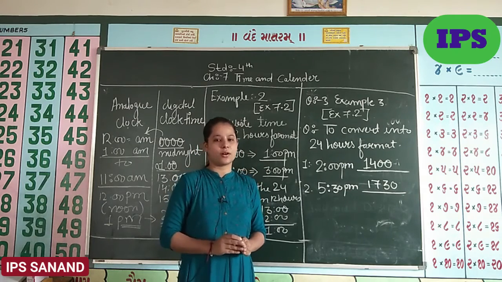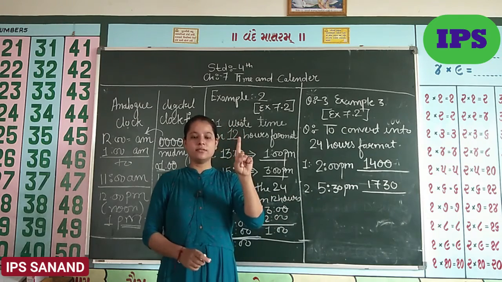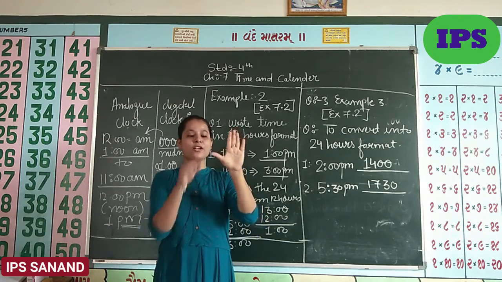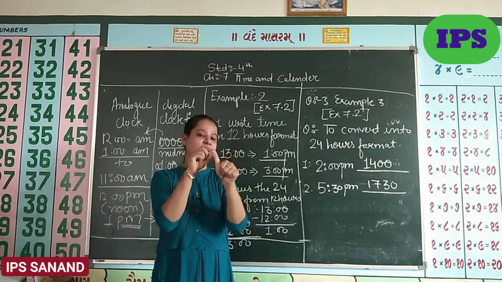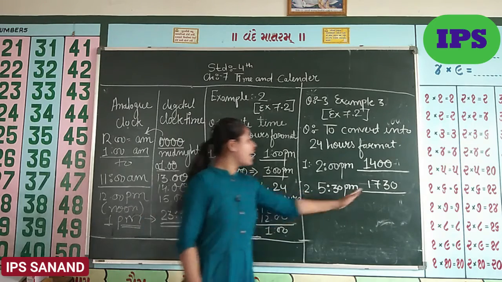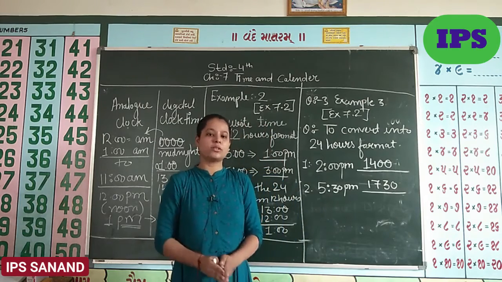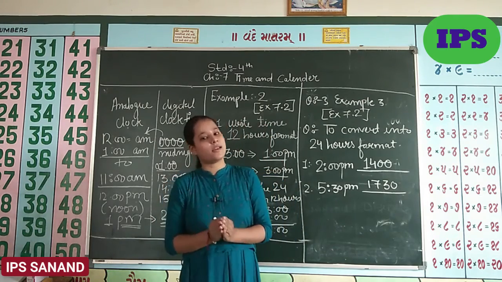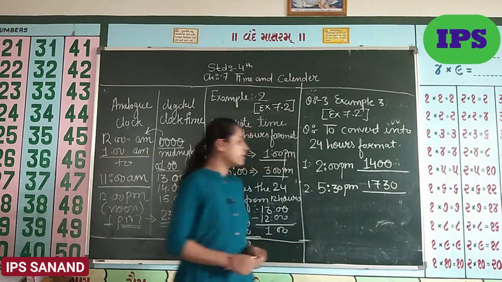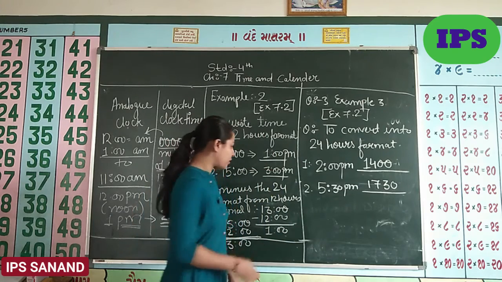So after 12 o'clock I will count 13, 14, 15, 16 and 17. I got 17 on my 5 count because I have used 5:30. So 17, and the minute section remains the same in both the analog clock and the digital clock. So my answer is 17:30. Okay, we will not use AM or PM in our digital clock.